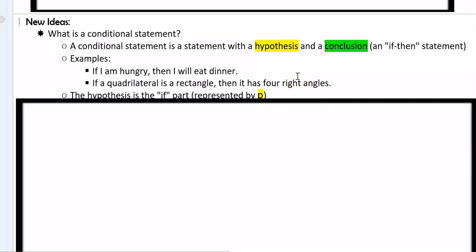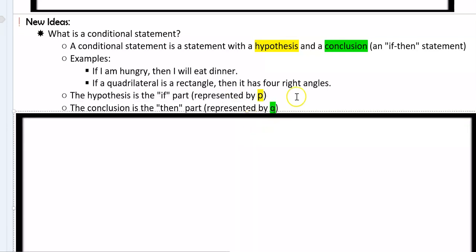It's what's happening first. So we often represent the hypothesis with the letter P. You'll also notice I highlighted it yellow, so we can use that to help us identify the hypothesis throughout this lesson. The conclusion is the then part of the sentence, which is represented by a Q.